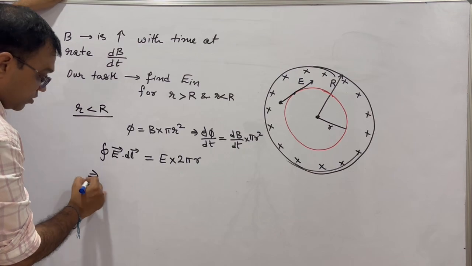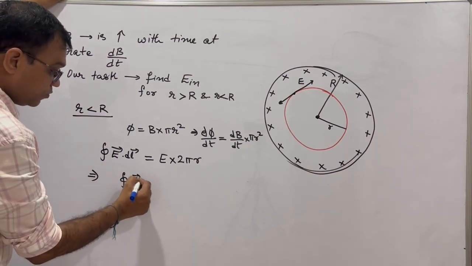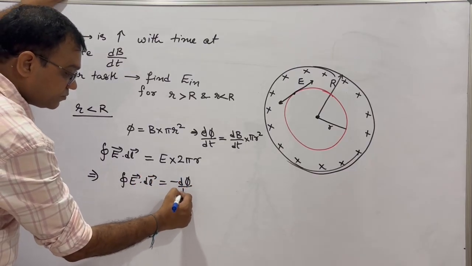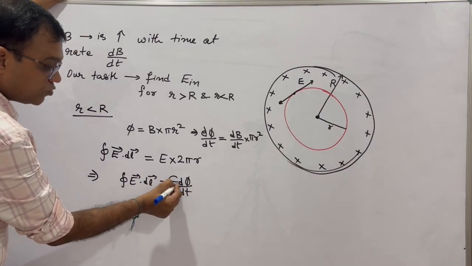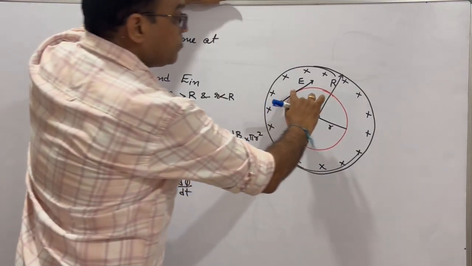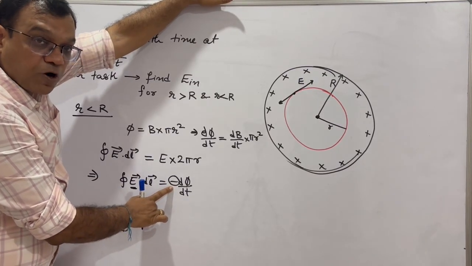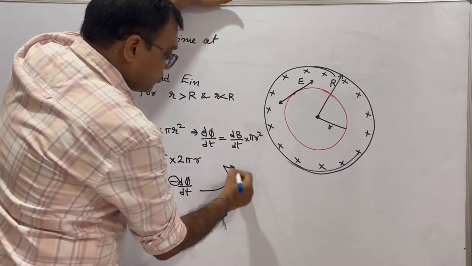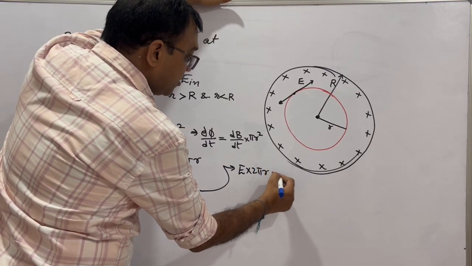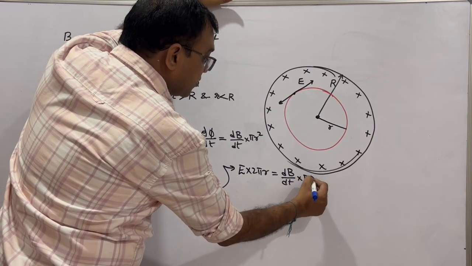Now from the expression closed integral of E dot dl equal to minus d phi by dt, the minus sign is going to tell you only about the direction of E. What about direction? Because there are two possibilities, I am dropping this minus sign. So we will have E into 2 pi r equal to dB by dt into pi r square.